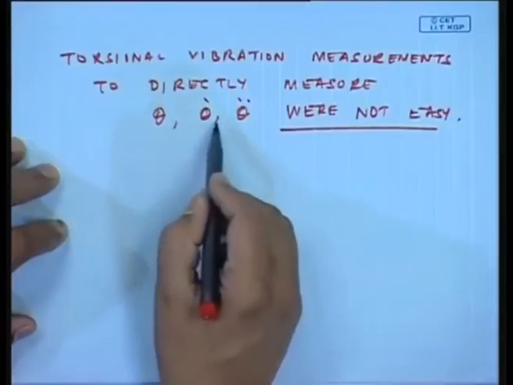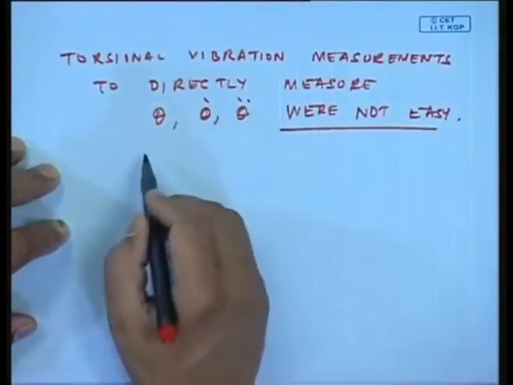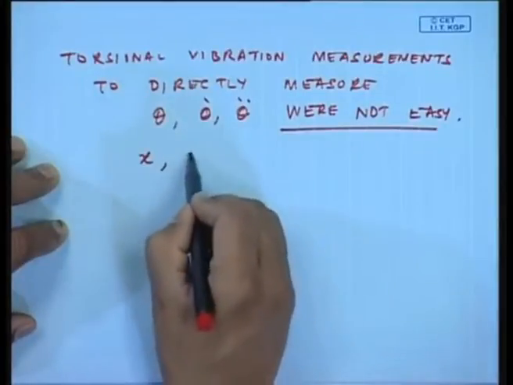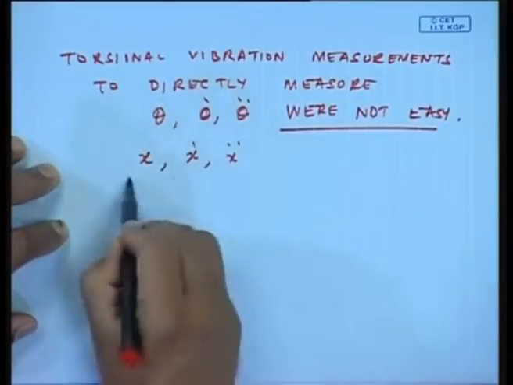Instead, what we did is we put linear sensors or accelerometers to measure the vibration only at the stationary bearing locations. So, in effect, to understand or to measure theta, theta dot and theta double dot, we used to measure x, x dot and x double dot.